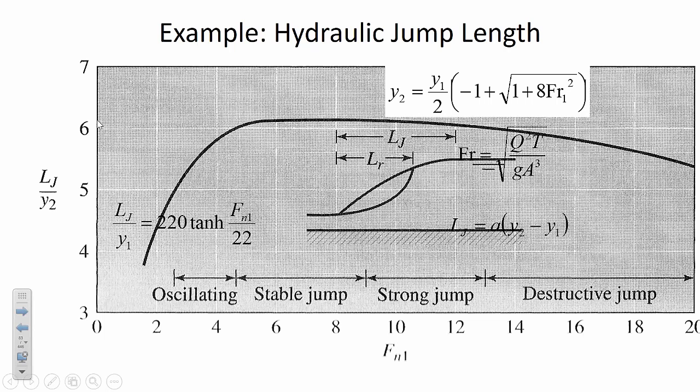So 6.1 is the ratio of the length of the jump and the depth y2. So L sub j is going to be 6.1 times y2, right? Yeah, so that's one of the methods, using the nomograph.